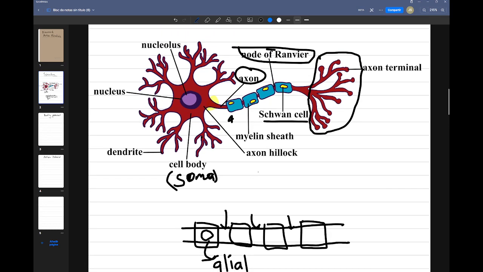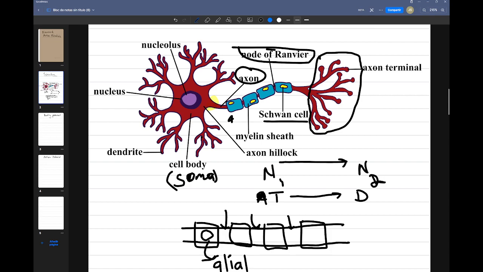If we speak about a neuron, let's say this is neuron 1 and this is neuron 2, and the action potential flows in this direction. Then the action potential will move from the axon terminal, let me just write AT, the axon terminal of the first neuron, and it will be conducted by the dendrites of the second neuron.